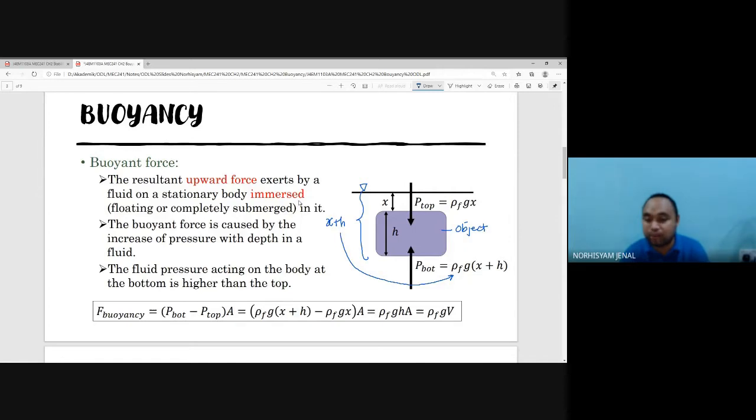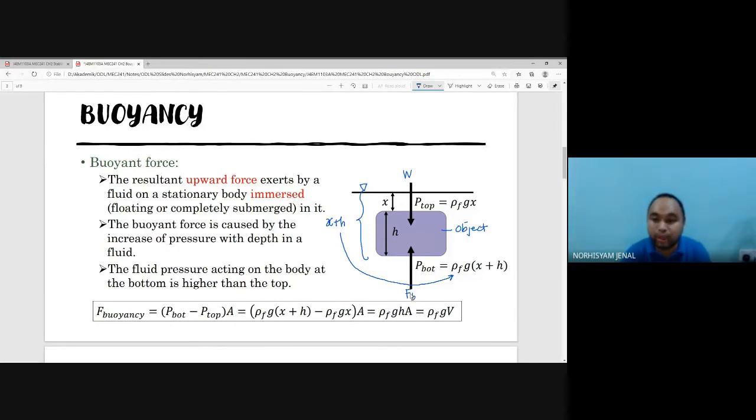From this, because of this idea, pressure will always go from high pressure to low pressure. So what will happen? The pressure will be going upward. So there will be two different forces acting on an object at this moment. Number one is W, number two is the force of buoyancy.